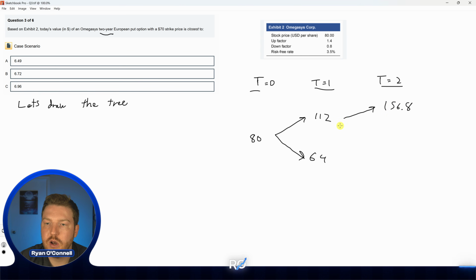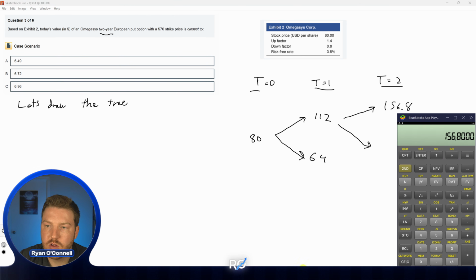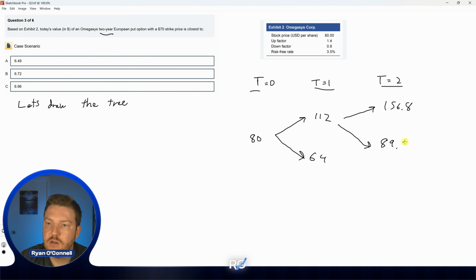Or it could have gone up and then down. If it did that, it would be 112 times the 0.8, which is 89.6. Now, it could have gone down and then in the next period gone back up, which would end up in the same value.